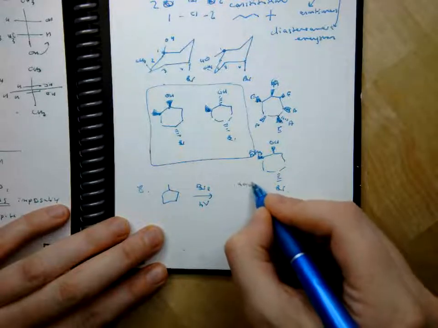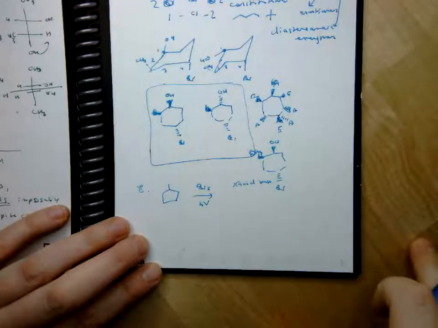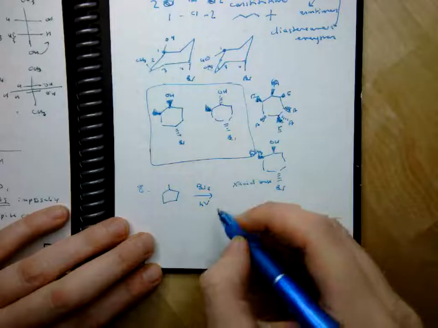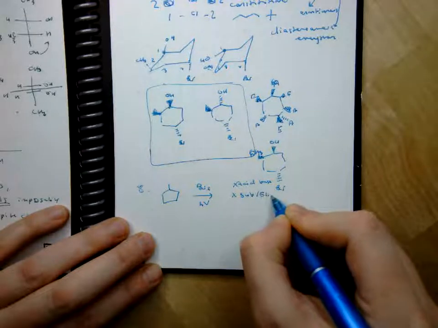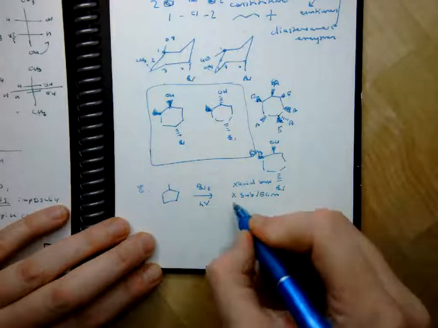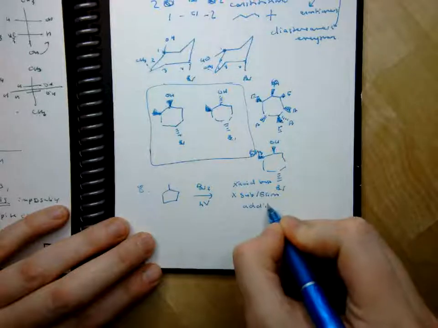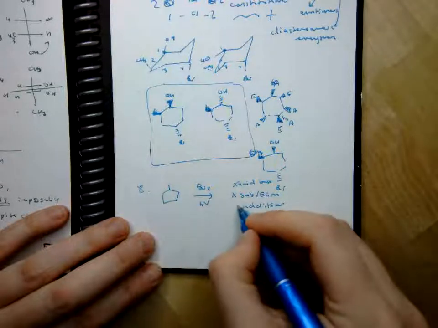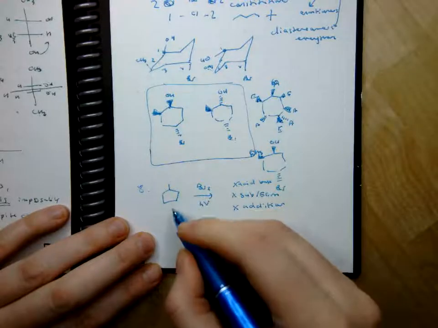This is not acid-base because there's not a clear acid or base here. This is not a substitution or elimination because there's not a good leaving group, right? Not a good leaving group, not a good nucleophile, can't be substitution or elimination. The next thing we learned were addition reactions, but there's no double bond to add to. Br2 is a good candidate for an addition reaction, but there's no double bond to add to.